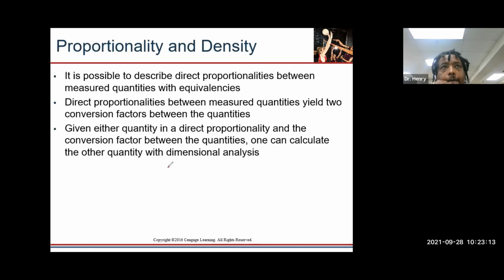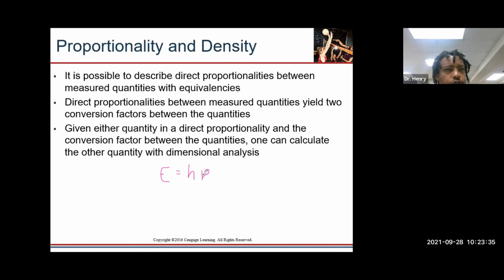If we have energy, this is the equation for energy. Energy equals Planck's constant times nu.